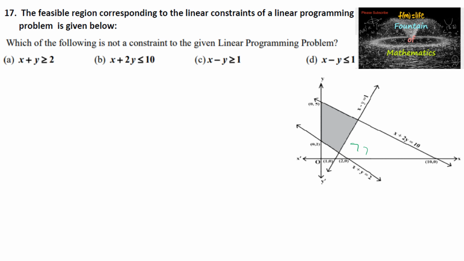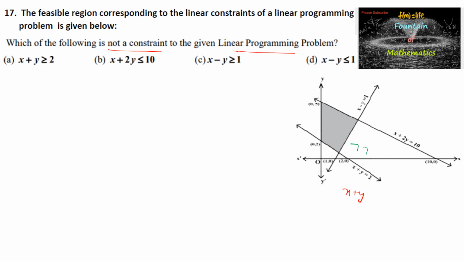The feasible region corresponding to the linear constraints of a linear programming problem is given below. Which of the following is not a constraint to the given LPP, linear programming problem? So here the diagram is given. You can see the first line equation, x + y = 2.